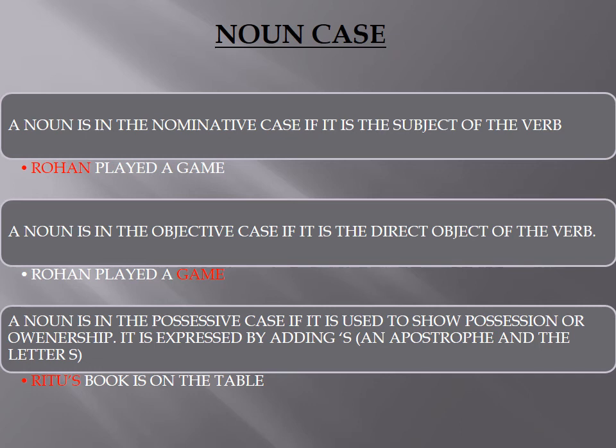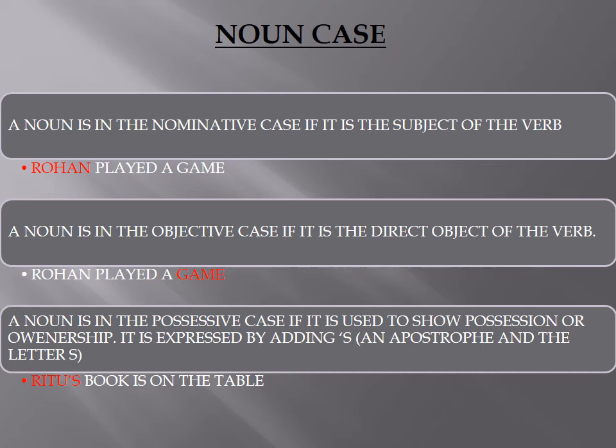Game here is a noun and the verb is acting upon it. What did Rohan play? Play is the verb and it is acting upon an object. The object is game and this object is also a noun. And if the noun exists as an object of the verb, it becomes the objective case.